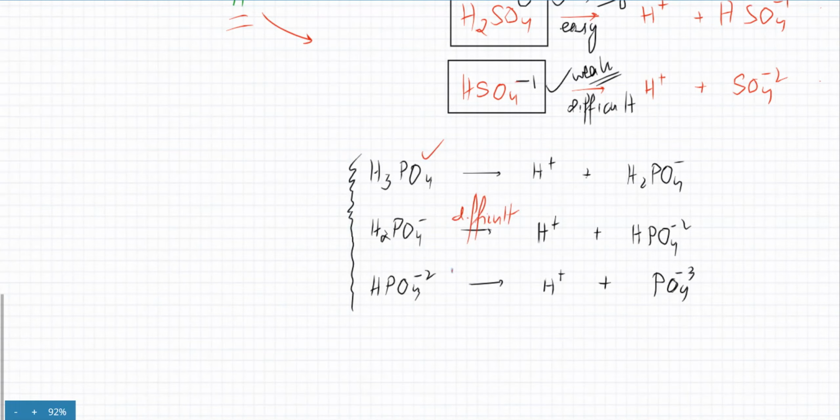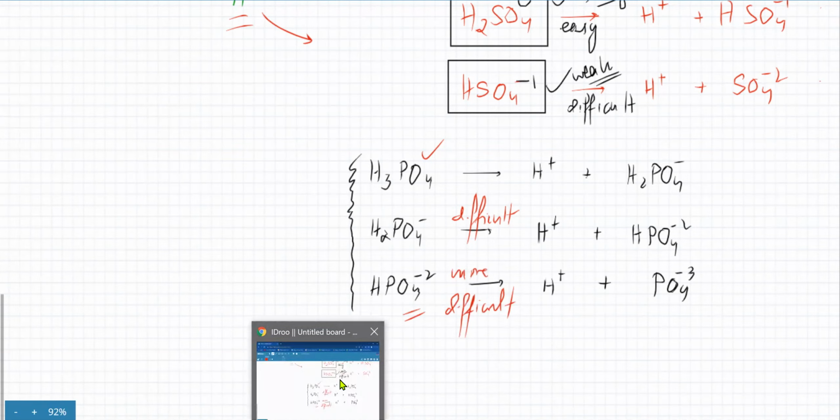And the third one is even more difficult. A lot harder for this one to lose an H+ because it's now -2. -2 is going to attract H+ very strongly. It's not going to release an H+ ion. So remember, only the first dissociation is the one where the molecule acts as a strong acid. The rest becomes weaker and weaker.